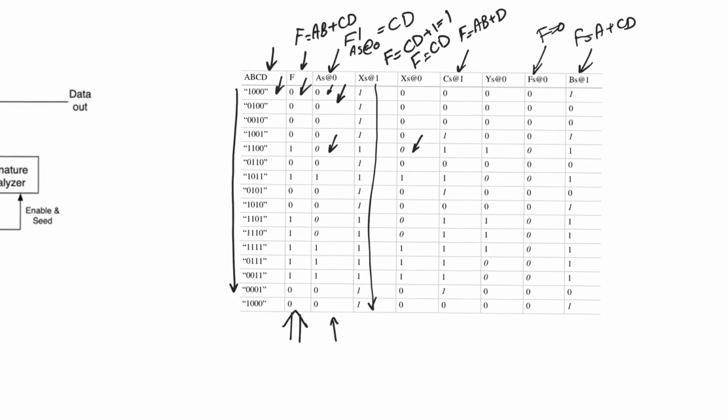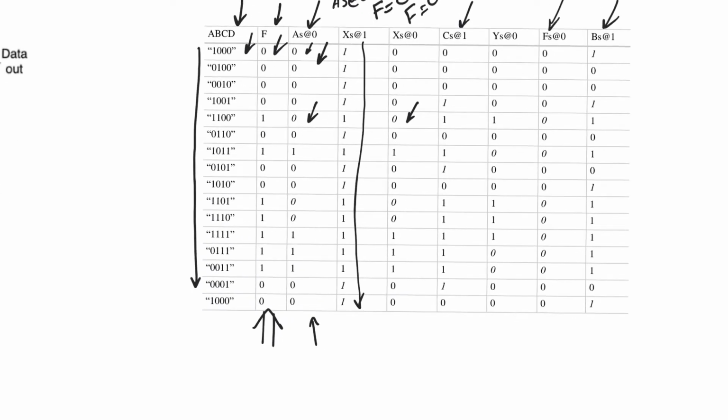So in any case, you do know that there's a fault when you see a discrepancy between the first column and the column that you are at. So for example, you can see that this is different in the A stuck at 0 column and the F column. You see that this is also different. So when you see cases where there's differences, this is a test vector that can uncover this fault.